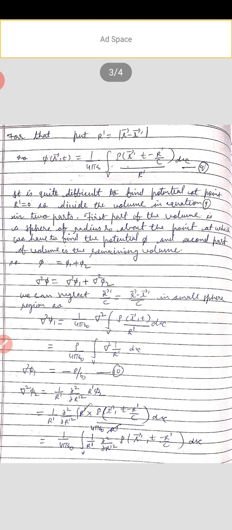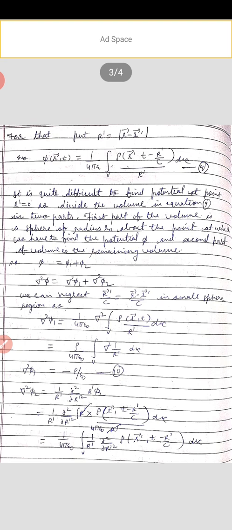We can write ∇²φ₁ = 1/(4π ε₀) ∇² ∫ ρ(r,t) dτ / R, and this becomes ρ/(4π ε₀) ∫ ∇²(1/R) dτ, and finally we get ∇²φ₁ = −ρ/ε₀.